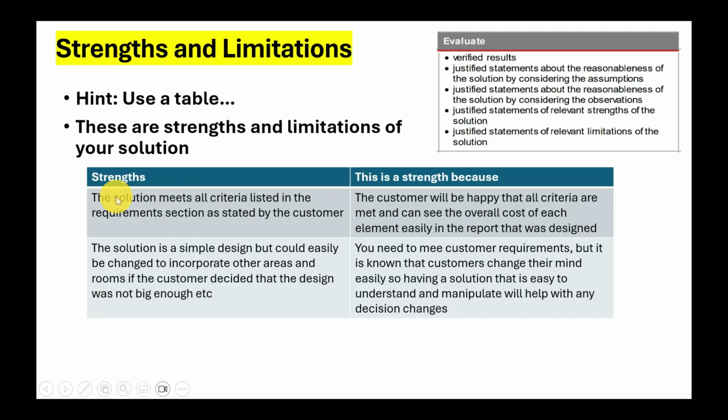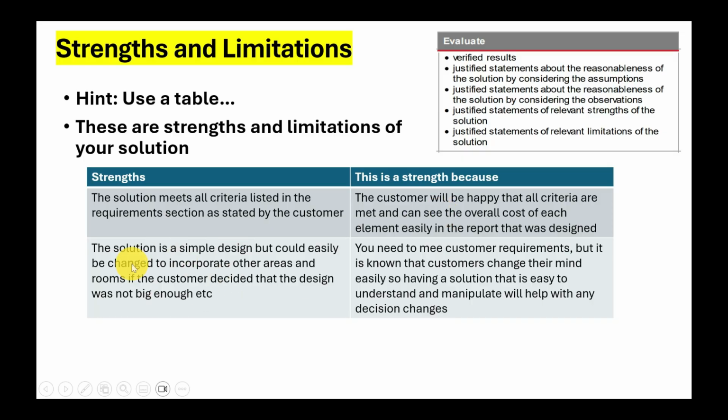So, the solution meets all the criteria listed in the requirements section. That's a strength. You were asked to put all these different things in or to do all these particular things. There are criteria. If you met them all, then that's a strength, right? The customer will be happy that the criteria is all met and overall cost.